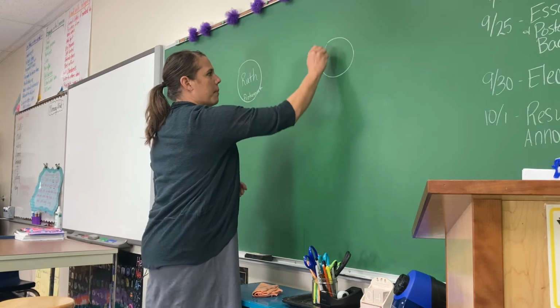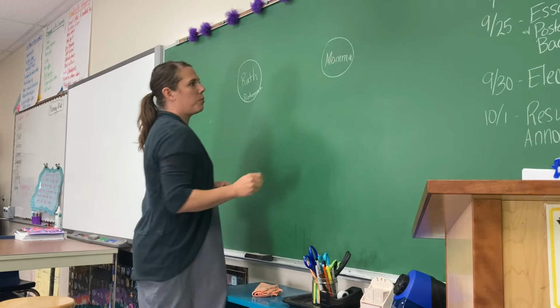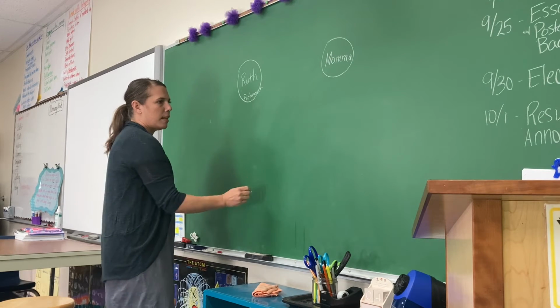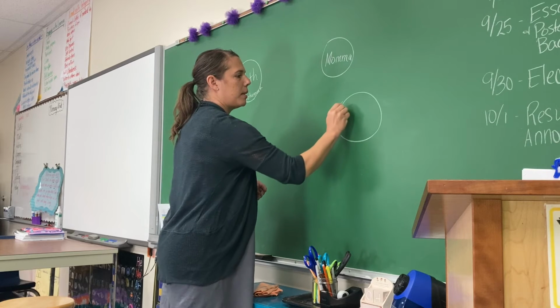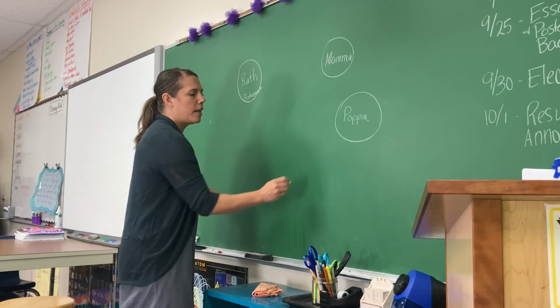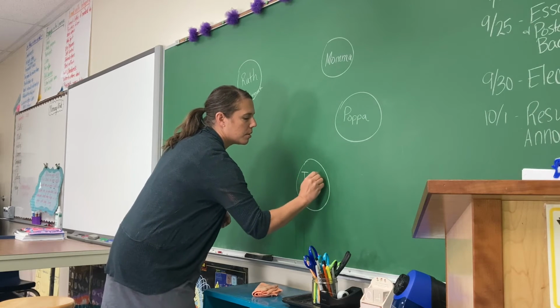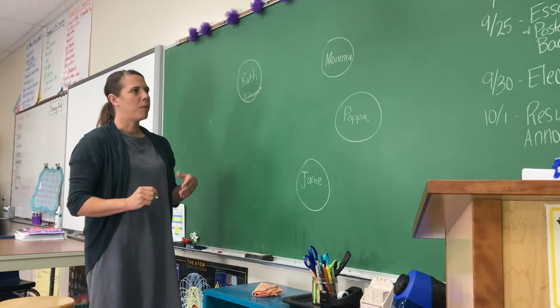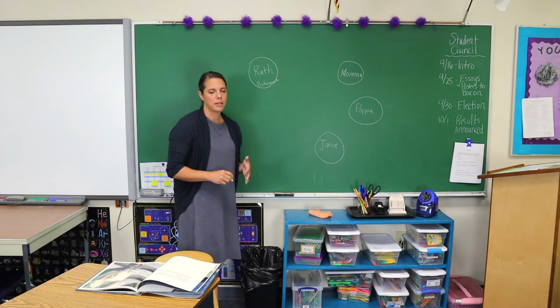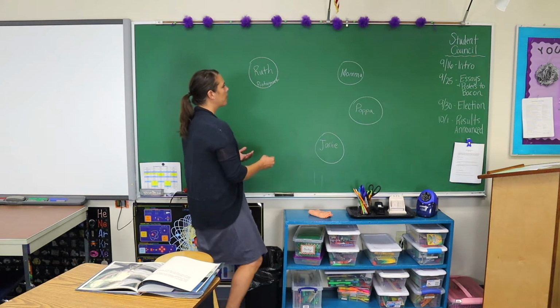And I already see that Mama is going to be an influence on Ruth. I see that Papa is a secondary character, and Janie, her little sister. So I'm just going to record these. I'm already going to add an influence because Mom is definitely influencing Ruth.